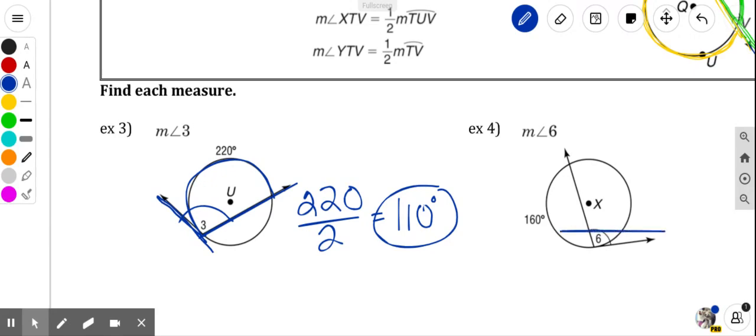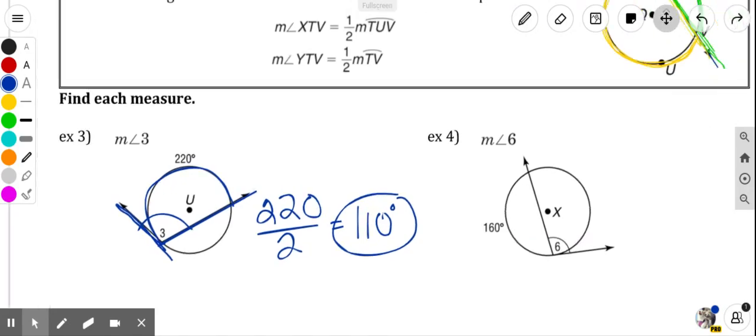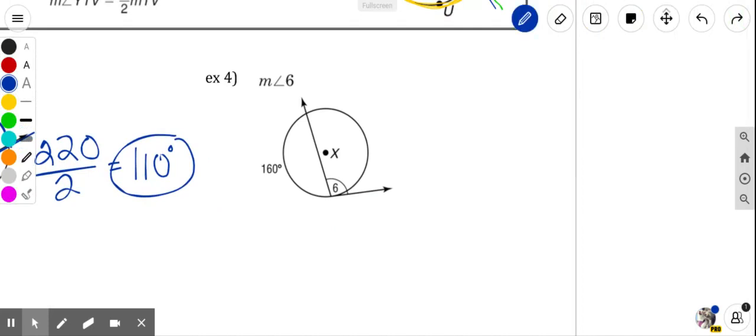Example 4, we have to do just a little bit more. Notice in number 4, we're asked to find angle 6. Angle 6 is formed with this secant and this tangent. It's half the measure of that arc, which we don't know the measure of, but we can find it, because this 160-degree arc and this arc that we're looking for together make a full circle.